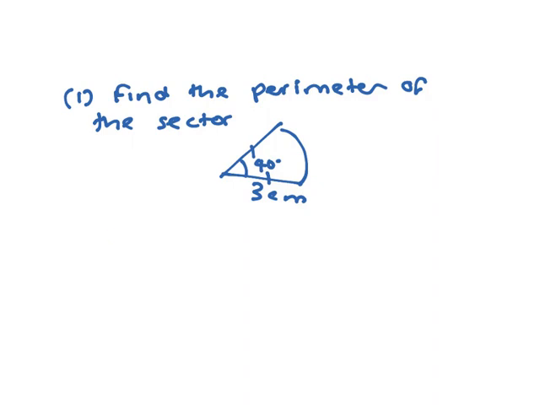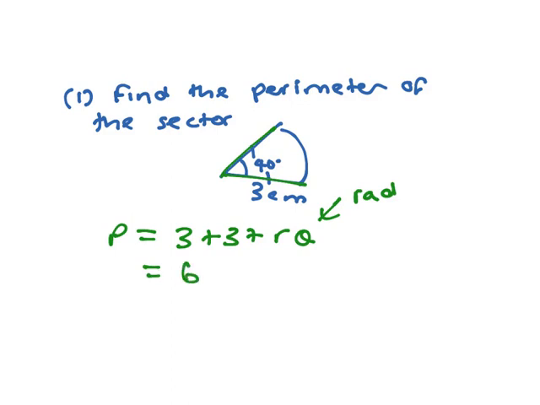Okay, so looking at this, if I want the perimeter, and I'm going to do this in radians, just so we get used to working in radians, it would be 3 plus 3 plus the arc length r theta, and that one is in radians. So it would be 6 plus r, which is 3 centimetres, times theta, pi on 180, because I need to change it to radians.